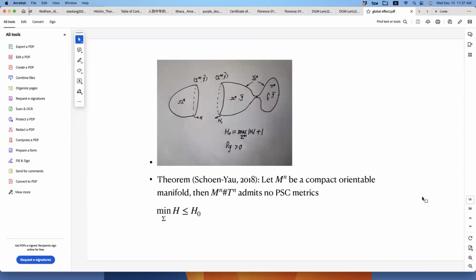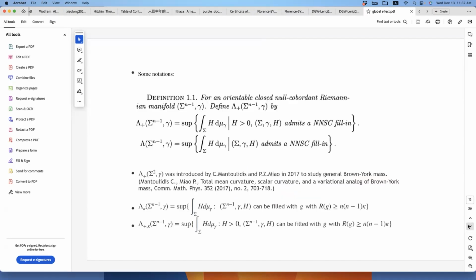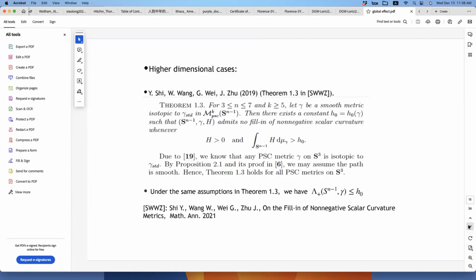We define H naught to be the maximum of the absolute value of h1, plus 1. And we claim that if the mean curvature H is bigger than this H naught, there would be no negative scalar curvature filling for Sigma, gamma, and H.